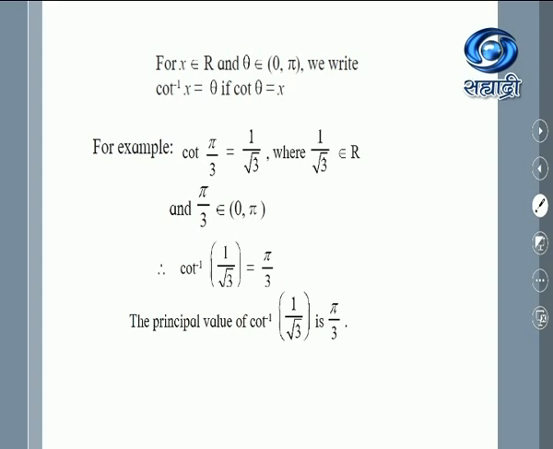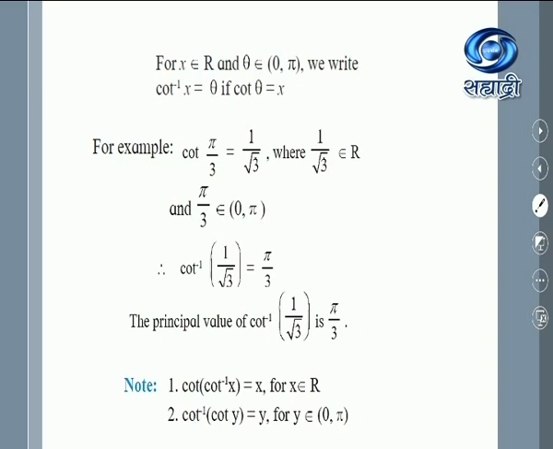So, if you remember all the examples, in each and every example, every time we checked the conditions for x as well as for theta. So it is very important to remember the domain and the range of the inverse function.